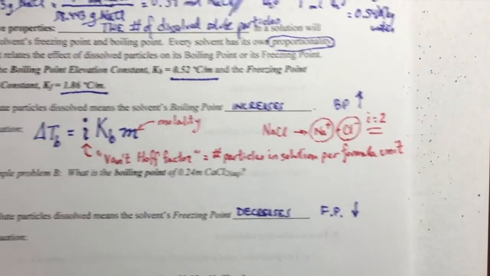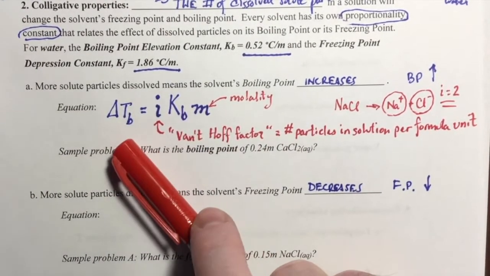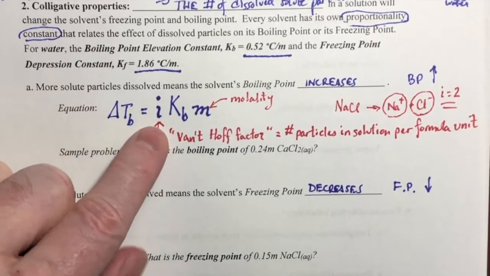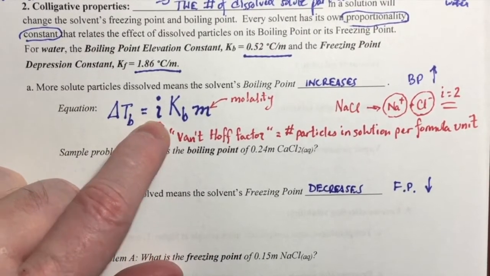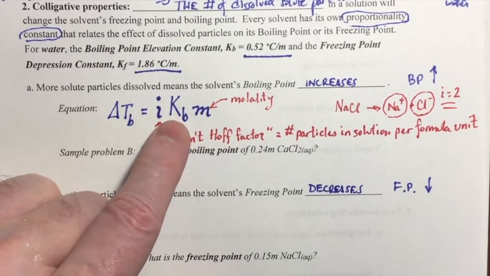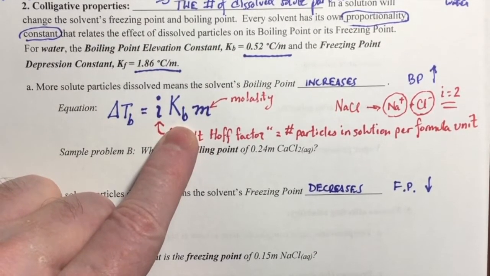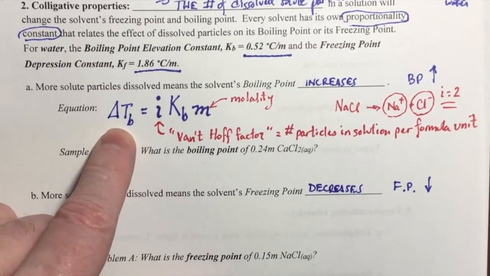Okay? So with that in mind, notice also that this is going to be a positive result. The Van't Hoff factor is either going to be 1 or some other positive number. Molality is going to be a positive molality. K sub B is a positive 0.52 for water. So I get a positive delta T. What does that mean?